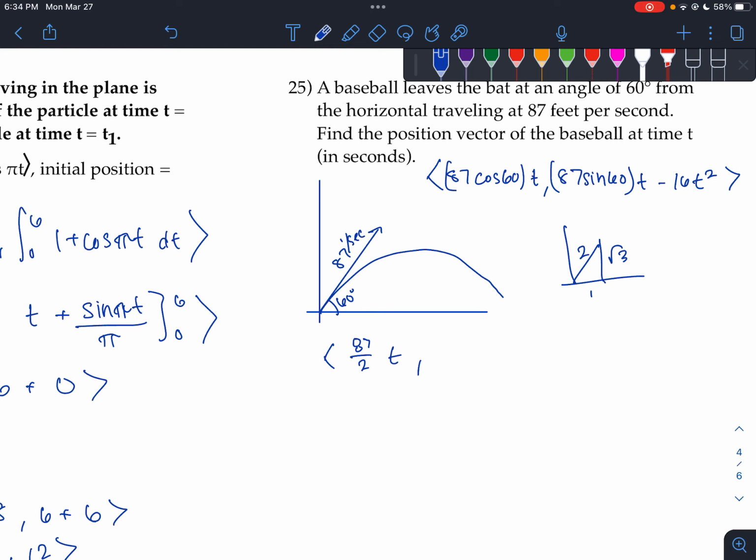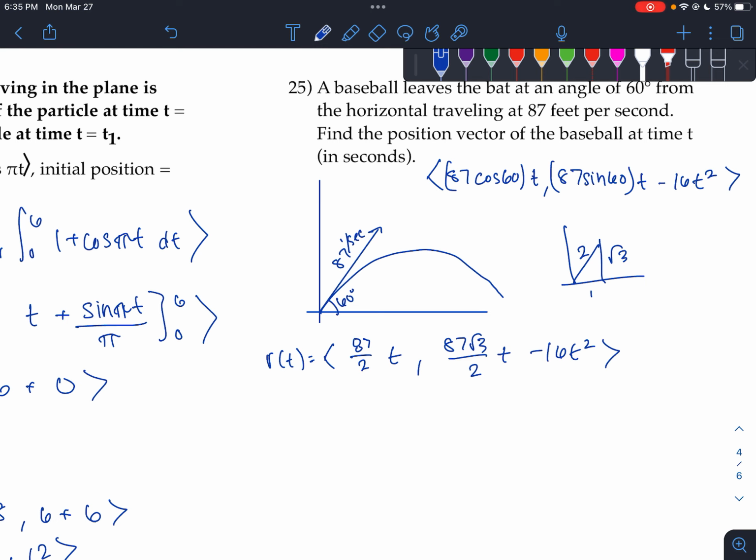And then sine is square root of 3 divided by 2. So 87 square root of 3 divided by 2 t minus 16 t squared. So here is your position vector. This gives you the position of the vector at any time, so r of t.